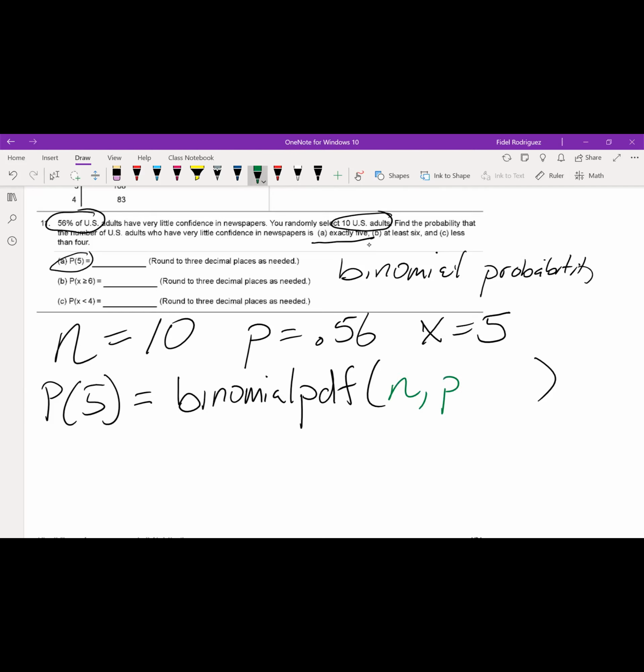We're going to have n, p, and x. So n in this case we said was 10. p was 0.56 and x was 5. The way I'm going to get to this on my calculator is go second and then bars, and scroll down until I see that binomial PDF.